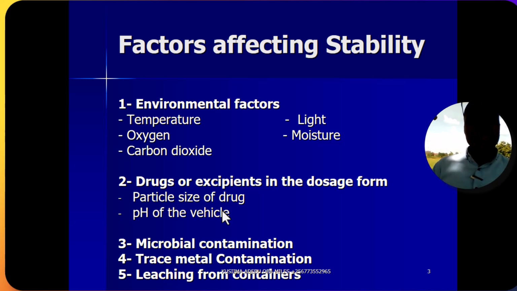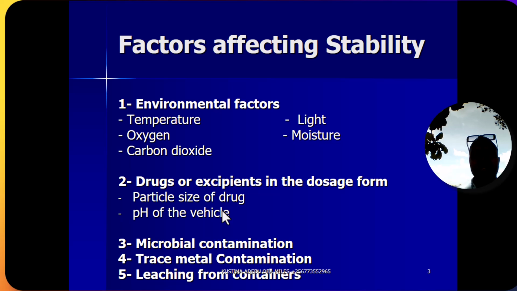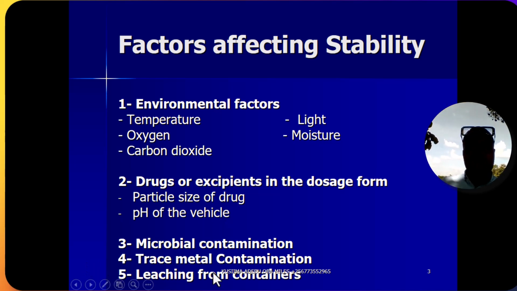Then others, microbial contamination, microorganisms, that is bacteria and their spores. Then also trace metals or heavy metals like lead in water can chelate or interact with the drug and cause maybe complexation. Then leaching from containers may permit containers to allow microorganisms or oxygen or light to pass through and cause degradation of the product.